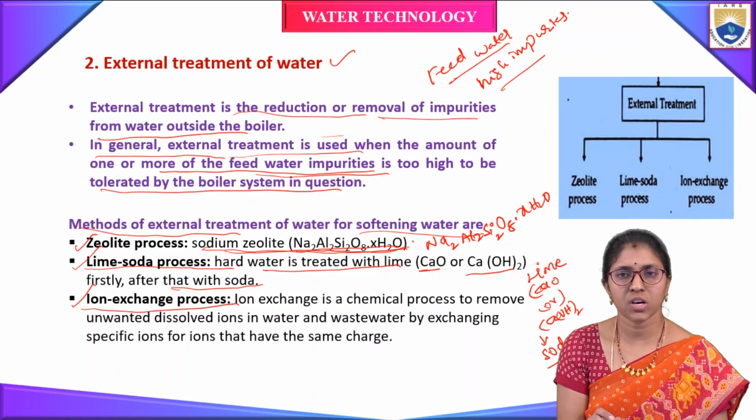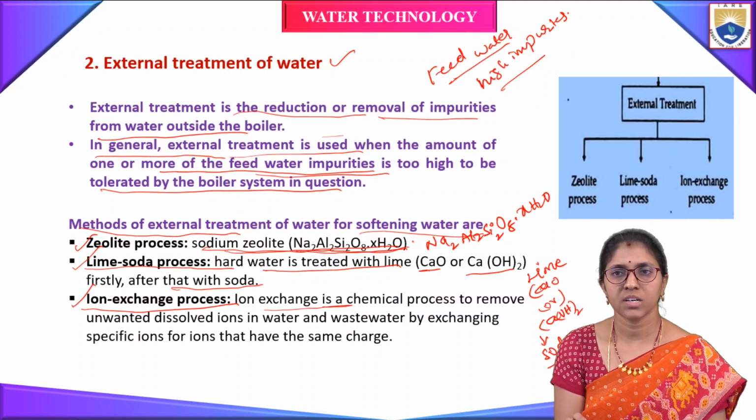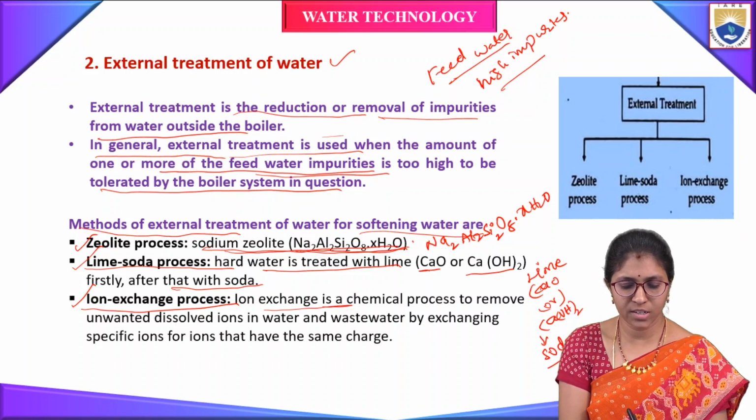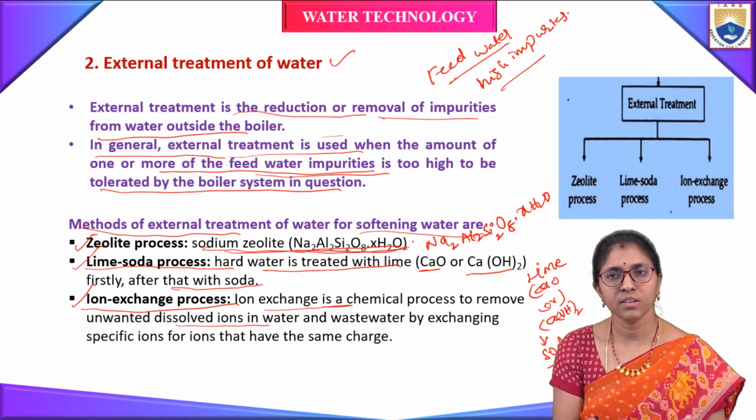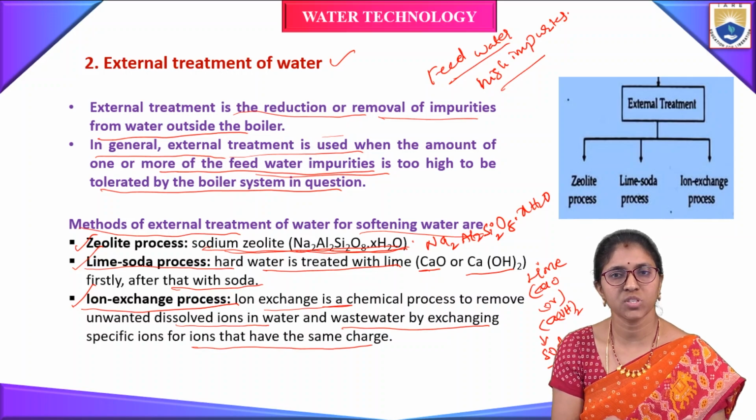The next process is the ion exchange process. It is a chemical process to remove unwanted dissolved ions in water and wastewater by exchanging specific ions for ions that have the same charge.